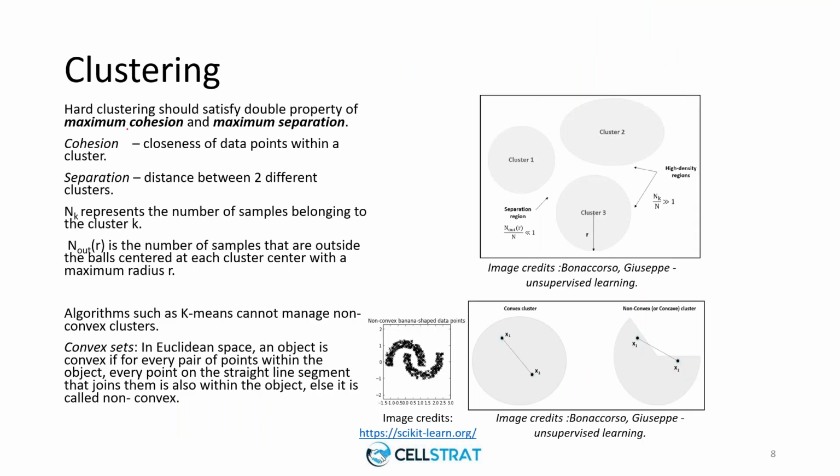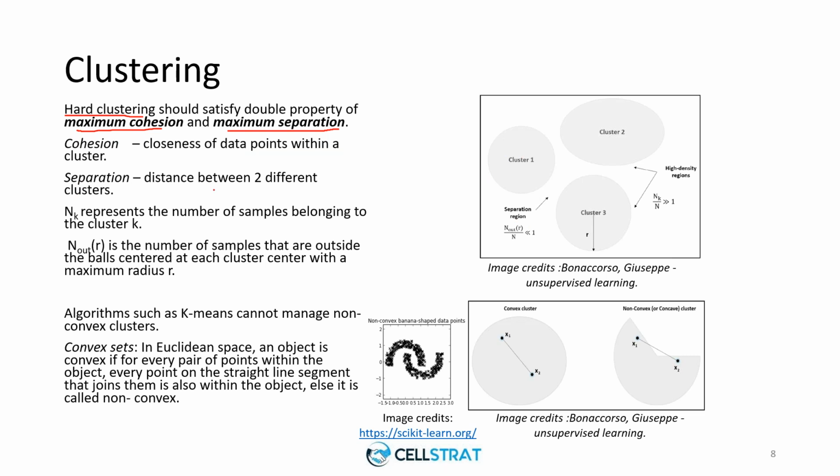Okay. Since today we are mainly focusing on hard clustering, you have to remember that hard clustering has to satisfy two properties, that is maximum cohesion and maximum separation. So what does cohesion mean? Cohesion means that data points within a cluster should be maximally close to each other.